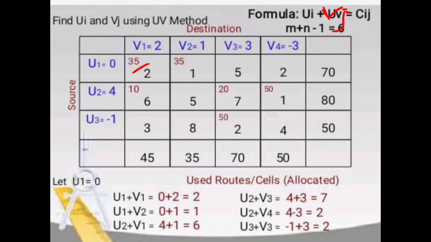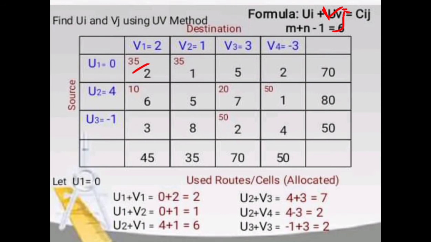From the allocated cells, we have 2 here. In order to add U1 plus V1 to come up with 2, we will find a number that will answer 2. So U1 is 0 plus 2, which equals 2. Then V1 is equal to 2.